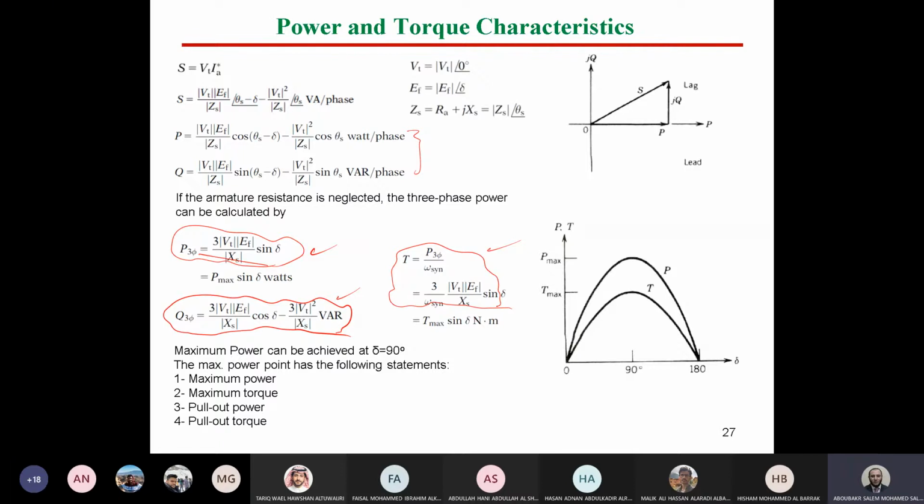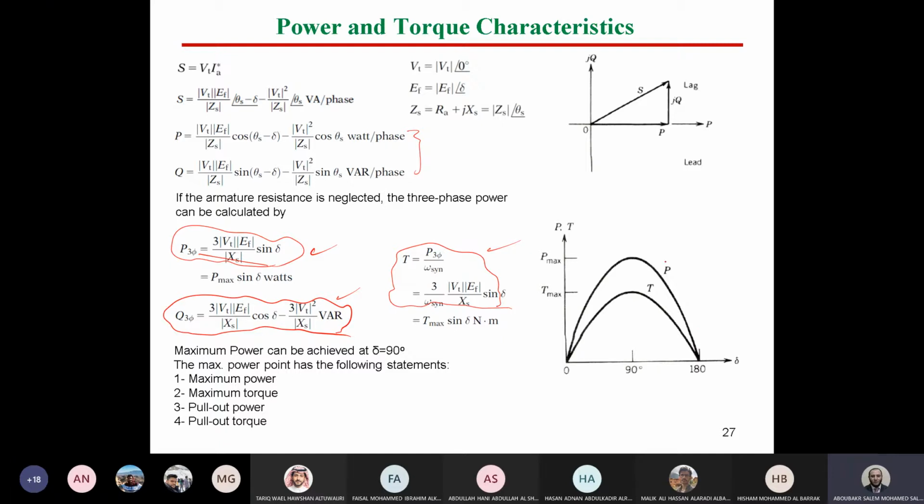In this case, if we would like to represent the shape of the waveform of power or torque versus delta, we will find that this is the angle delta, and it's a sinusoidal wave. This is the curve of power, and if we divide by omega, we have the other curve, of torque.